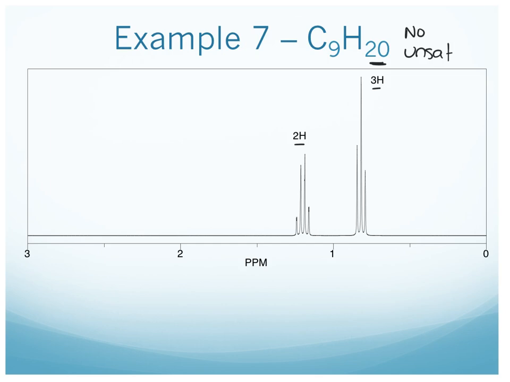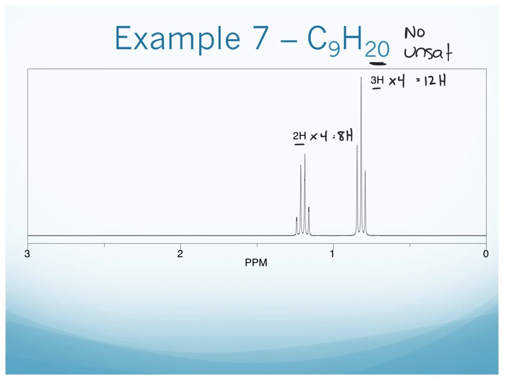So these signals must represent equivalent hydrogen. And what can we multiply each by to give us a total of 20? Well, that would be 4. If we do it by 4, we get our first signal representing 8 hydrogen, our second one representing 12 hydrogen. There's all 20.